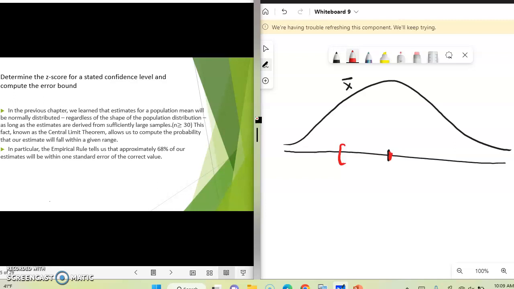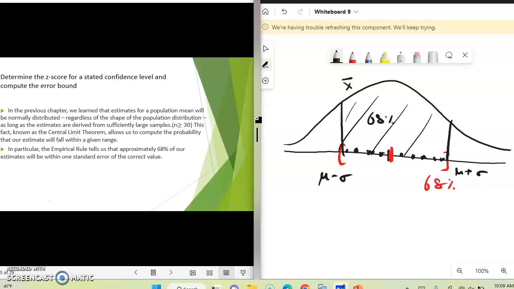So if we have a 68% interval around the sample mean, then 68% of the sample means will lie within one standard deviation. This is one standard deviation less and one more, so mu minus sigma, mu plus sigma. So 68% of the sample means are lying here, right?